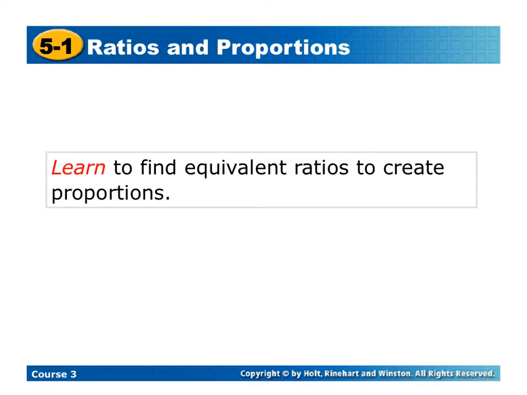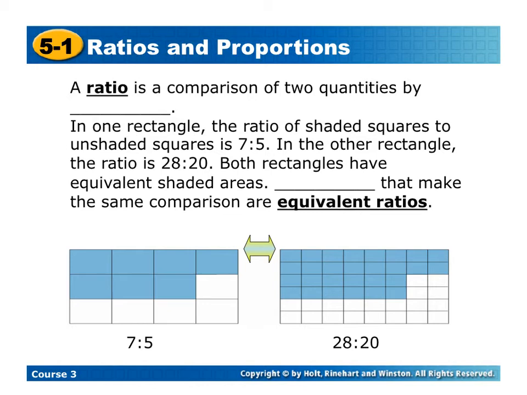Now the focus of today's lesson is to learn to find equivalent ratios and to create proportions. A ratio is a comparison of two quantities by division. Below you'll see two rectangles.